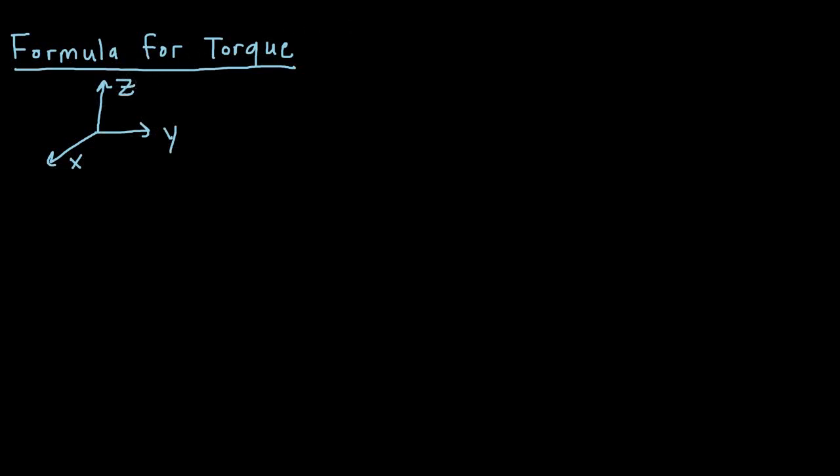And my setup's going to be a little bit different from last time. Instead of thinking about the electron as a charged spinning sphere, I'm going to think about it as a square wire with a current circulating around the wire. So here's my square loop of wire, which is in the xy plane.